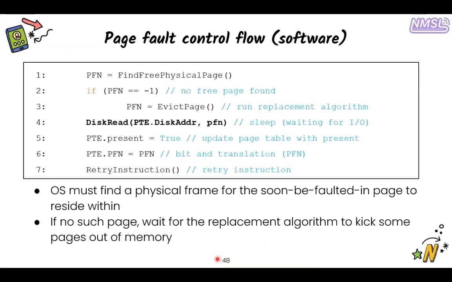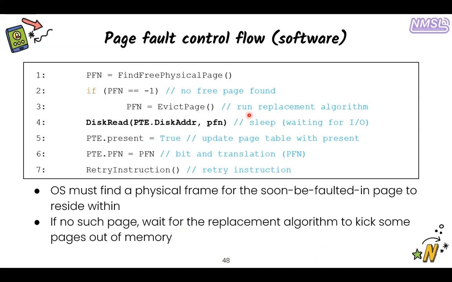So that's the hardware. Now in the software part, if there is no free space, so you're trying to fetch something but there's no space to move it back into memory, then you're going to have to wait until the replacement algorithm creates a space for you.